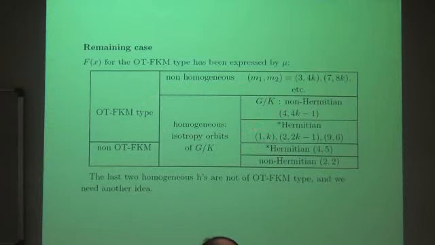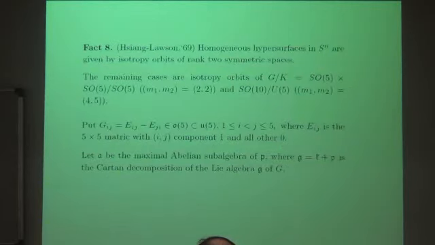Then there are two cases still remaining. This case was done by Fujii, but in my method, this case is remaining. These two cases are remaining. So how to do this? These two cases are homogeneous, and homogeneous hypersurfaces in the sphere are given by isotropy orbits of rank 2 symmetric spaces. This is a very old fact.